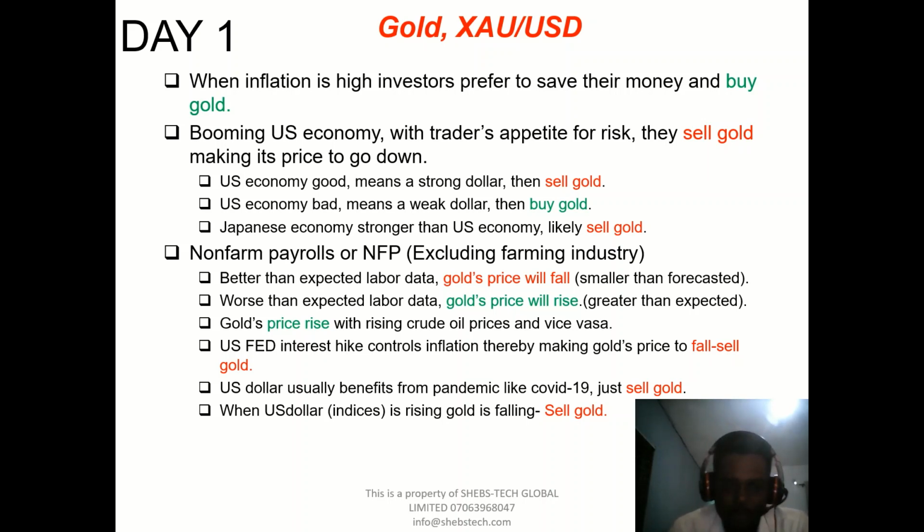You buy gold. Now, let's look at the non-farm payrolls or NFP, excluding the farming industry. Better than expected labor data, gold price will fall, that is, the actual is greater than the forecast.